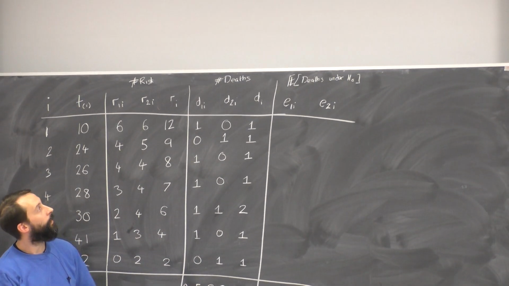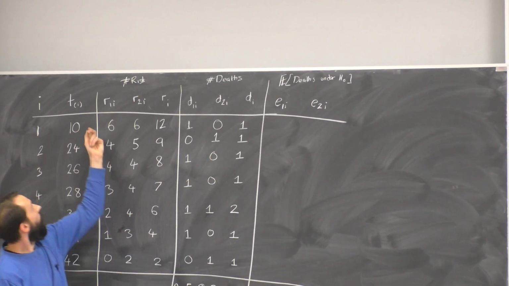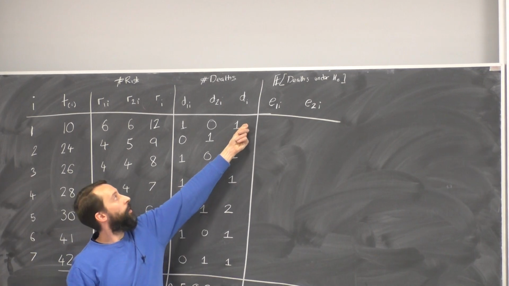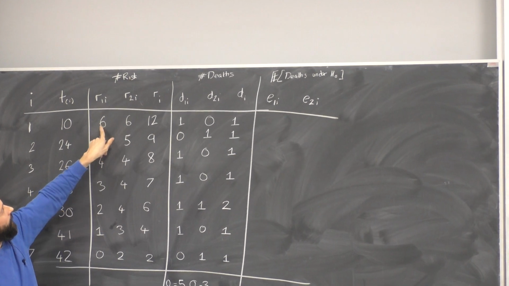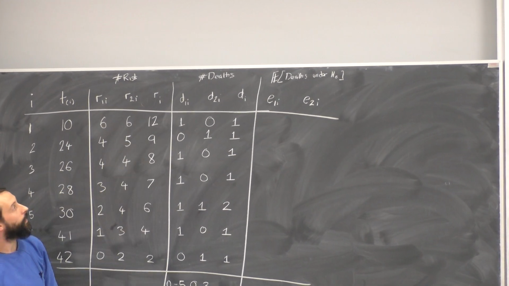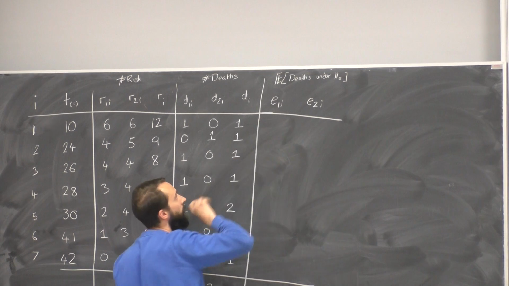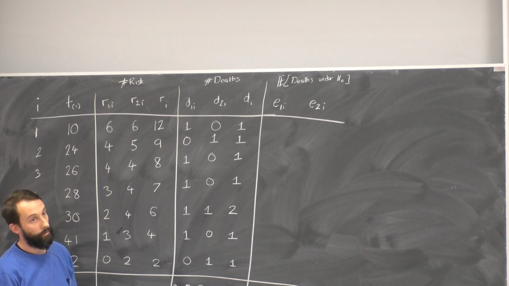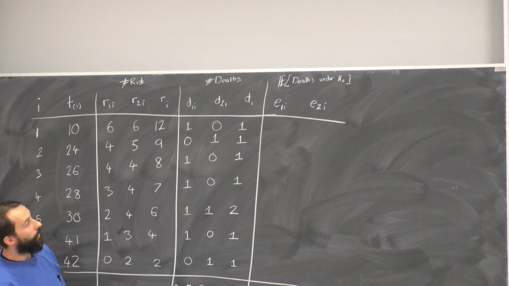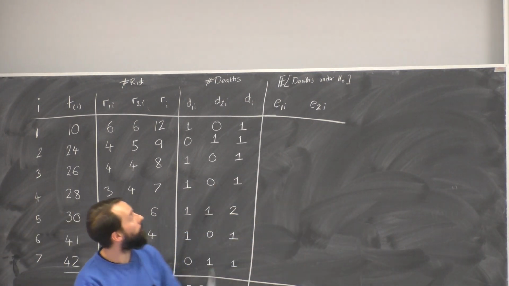hypothesis. Okay, so at time 10, I had 1 death that I need to split up evenly between any of these 12 people. Okay, so what's the expected number of deaths in group 1? 3/7. I don't have 3 and 4 people anymore, I'm sorry.